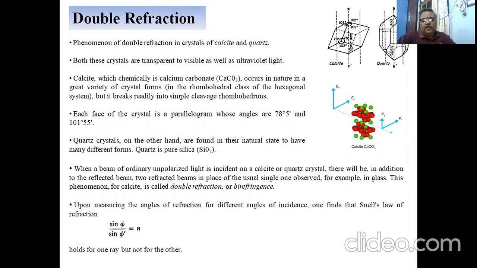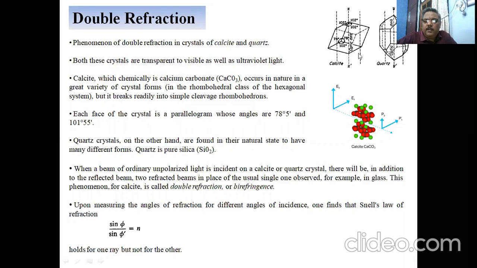Now, as we saw, polarization by refraction, that is double refraction. There are certain crystals, mainly two: calcite and quartz. Both these crystals are transparent to visible as well as ultraviolet light. The calcite crystal is chemically calcium carbonate, which occurs in a great variety of crystal forms, but it readily breaks into simple cleavage rhombohedrons.